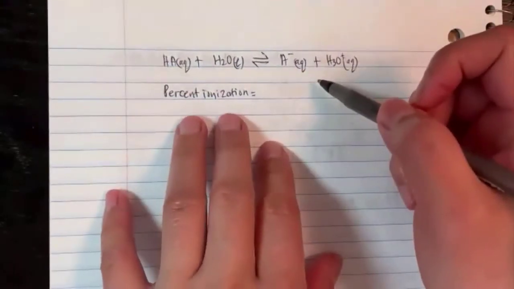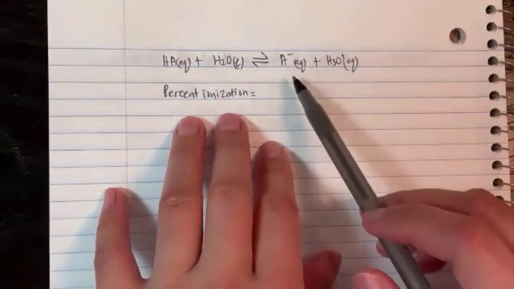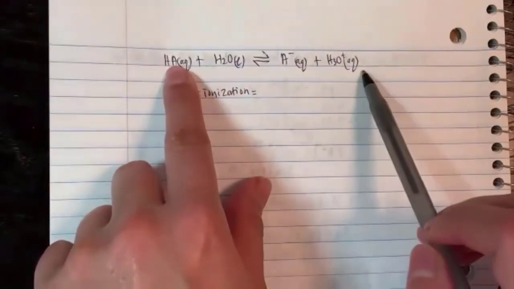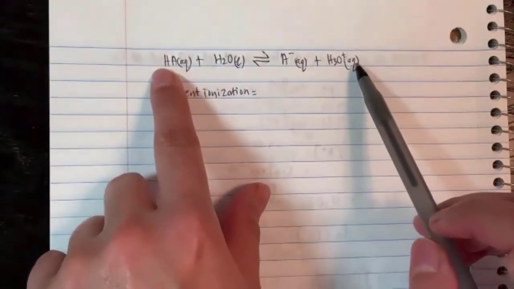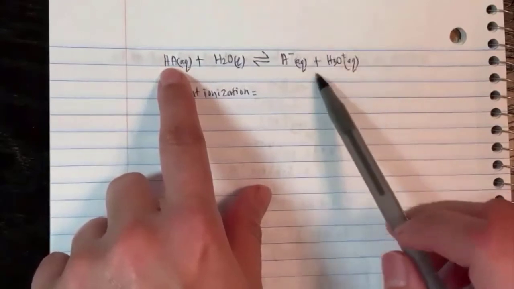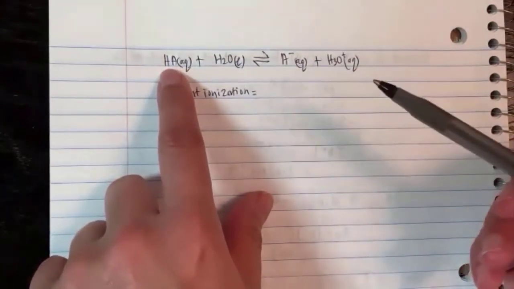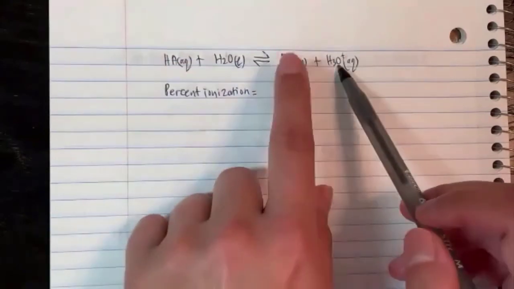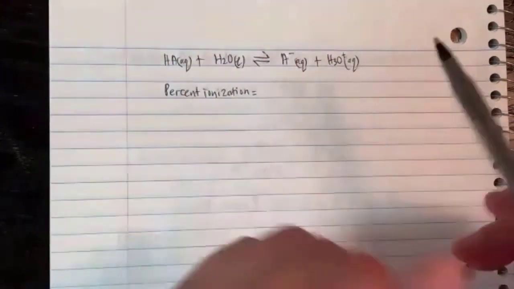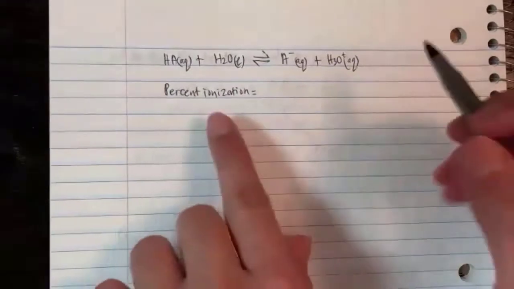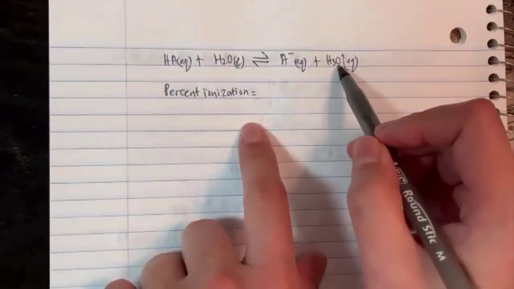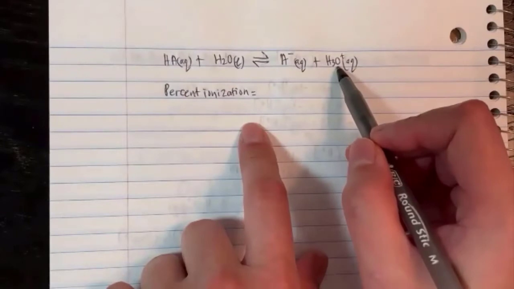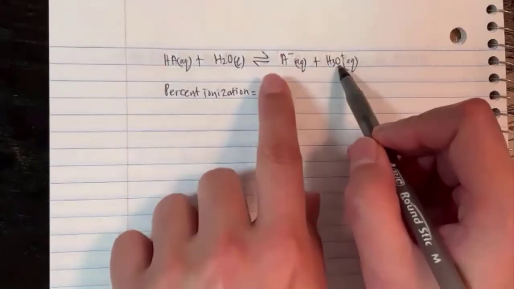percent ionization is basically how much of this acid turned into ions. So specifically, we always just say how much of it turned to hydronium, just because hydronium tells you the acidity, but it doesn't really matter because this and this are going to be the same number, remember? So the main idea is to take your H3O at equilibrium. That's how much it split, either this or this, one of them.